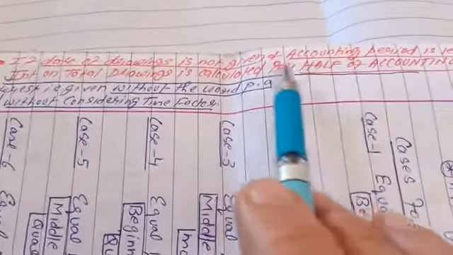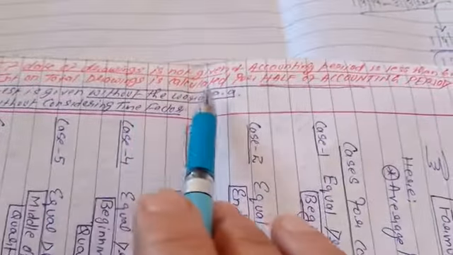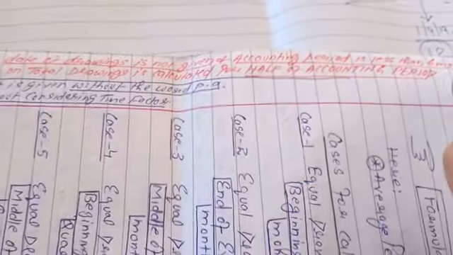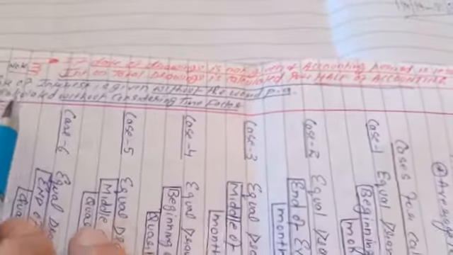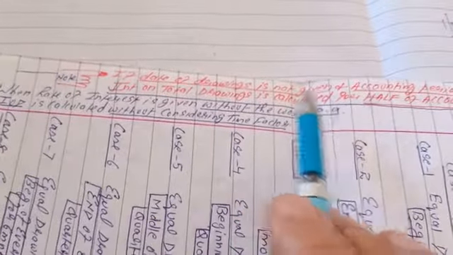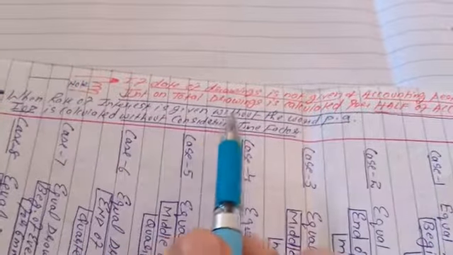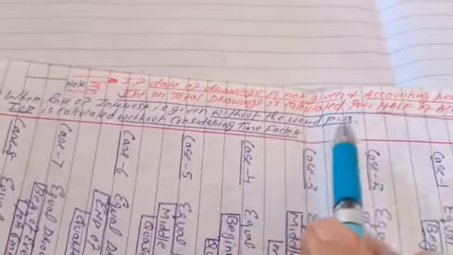And remember one thing: if date of drawings is not given and accounting period is less than 6 months, interest on total drawings is calculated for half of the accounting period. We'll see it in the examples. Similarly, when rate of interest is given without the word per annum, remember, without the word per annum, IOD is calculated without considering the time factor.